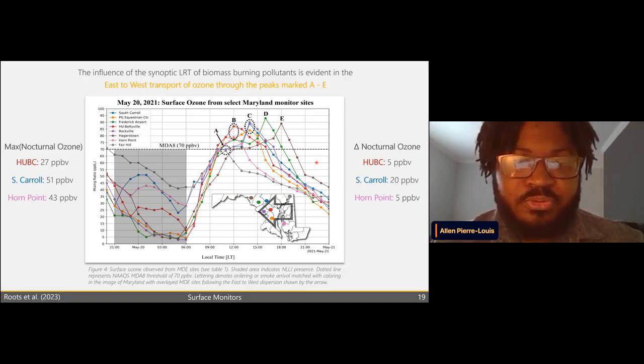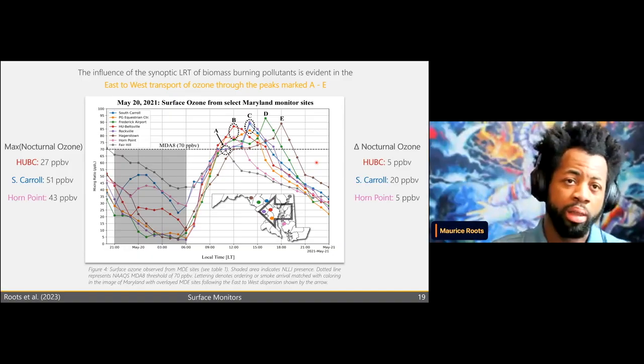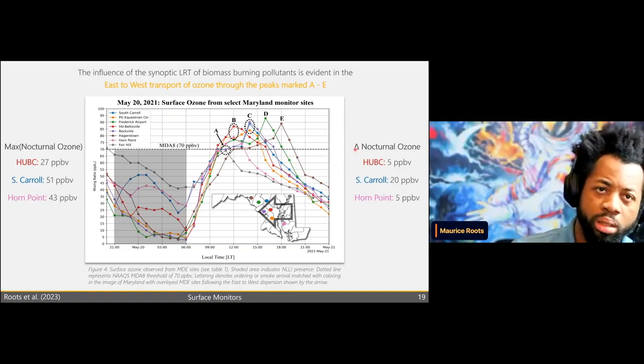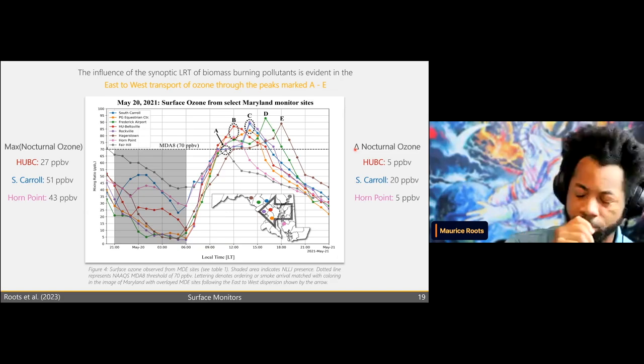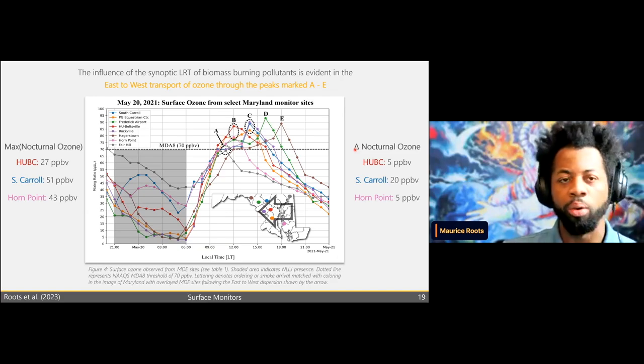We have one from Richard Braxton. Do aerosols affect PBL or surface heating due to sunlight absorption or scattering? Oh, absolutely. That's a pretty well-known process.